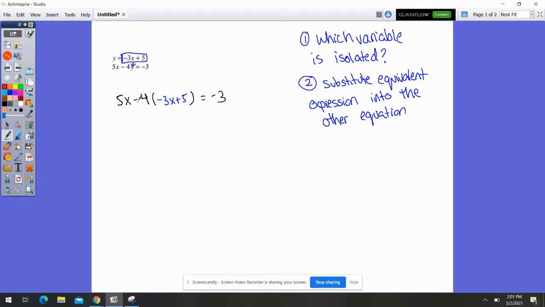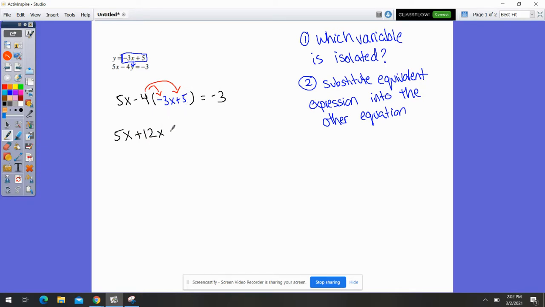First, we have this negative 4 in front of the parentheses, so that tells you to use the distributive property. Okay, so I'm going to bring down the 5x. Negative 4 times negative 3x is positive 12x.